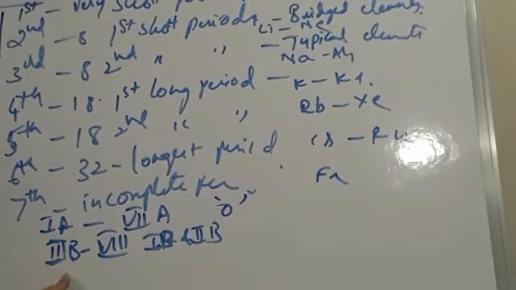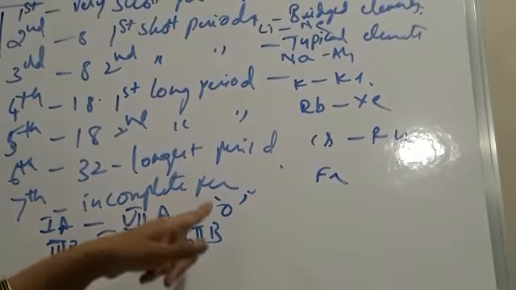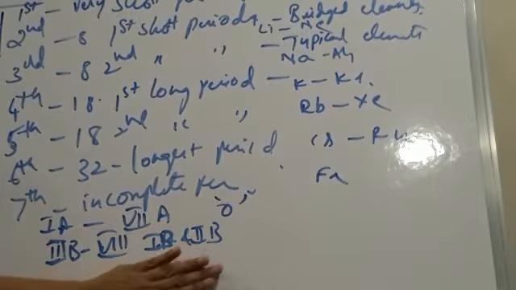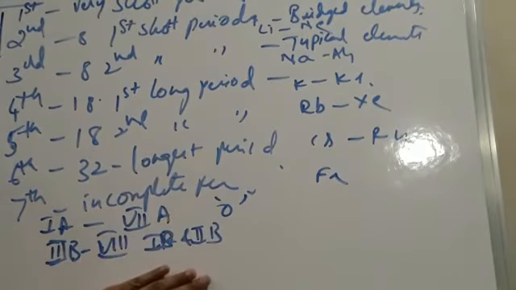So third B, 8th group, first B and second B. All these groups, totally 10 groups, are B groups. They belong to the D block, and these are also called transition elements. The transition series starts from the third B group.